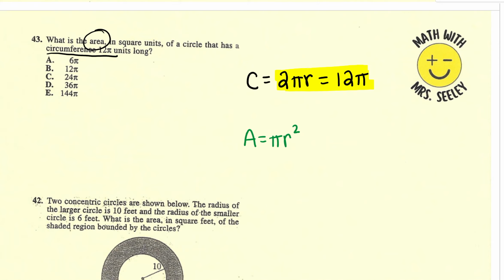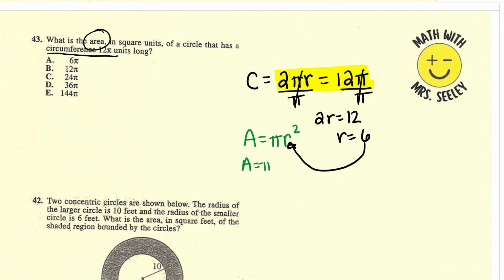So let's come back up here to the top, and let's divide by the pi on both sides. So they're out of there, and I'm left with 2r equals 12, which means my radius is 6, and now I can find the area. So area is pi times 6 squared, or 36 pi. So we're back to pi form again.